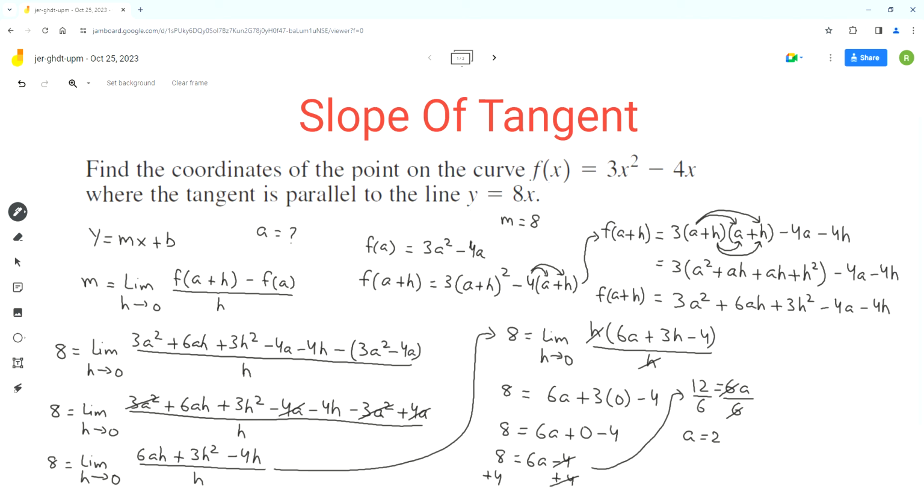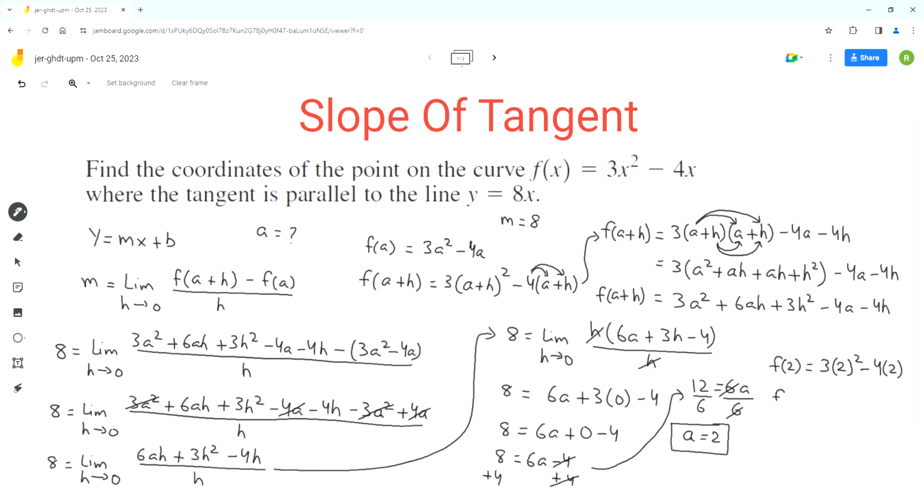This is the x-coordinate of the point at which the slope of the tangent is 8. Now we also have to find the y-coordinate, because the problem states we have to find the coordinates of the point. So we'll sub in this x value in the given function. We have to solve for f of 2, which is equal to 3 times 2 squared minus 4 times 2.